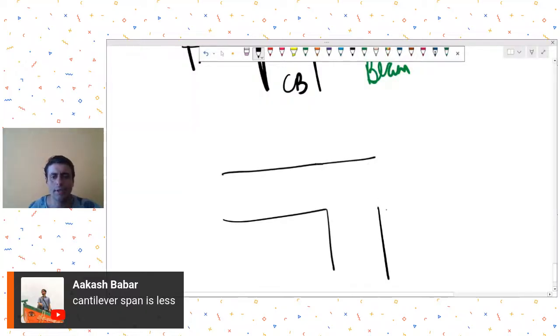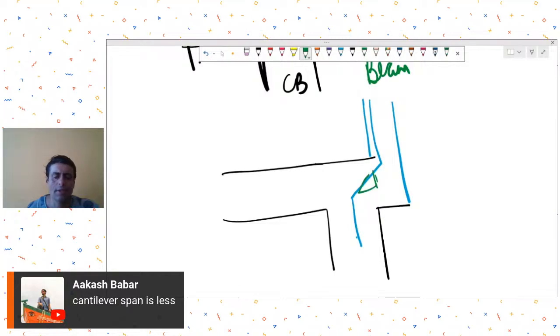So if your cantilever span is less and you have a column over here, you cannot have reinforcement steeper than 1 is to 6. If it is within that 1 is to 6 criteria, then you can take this reinforcement over here, not otherwise. So you will have to check your actual situation and see this.